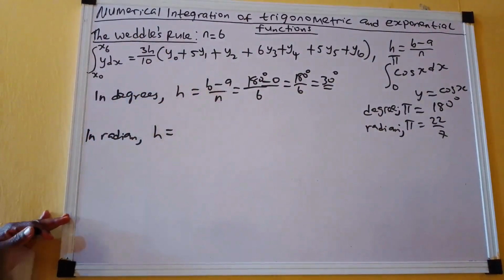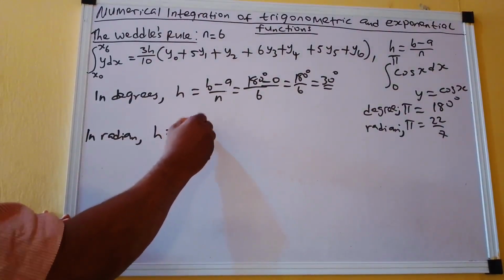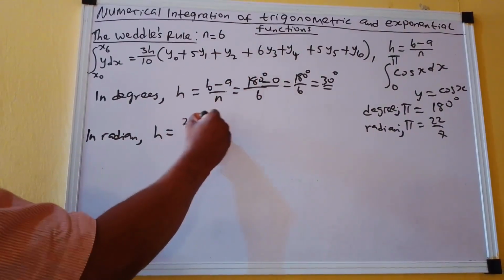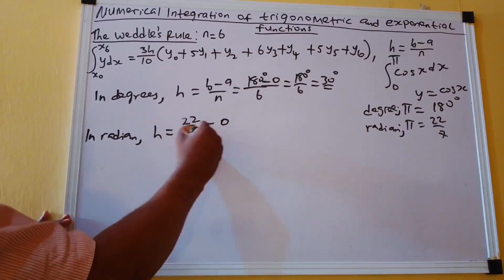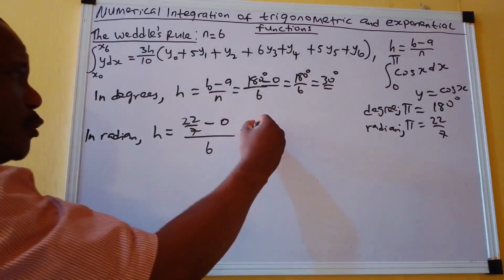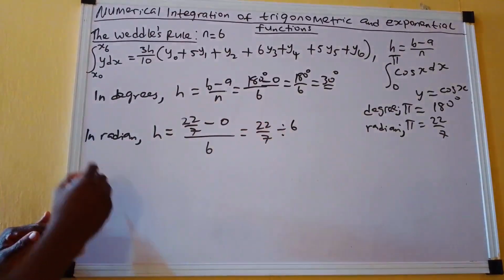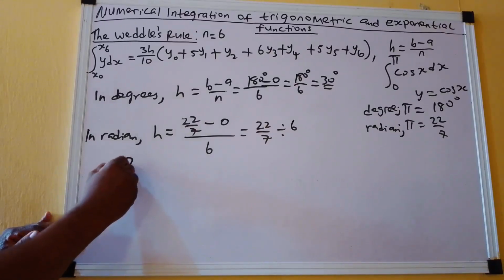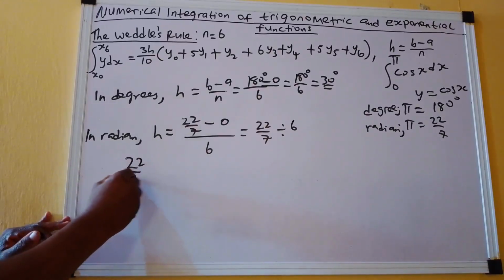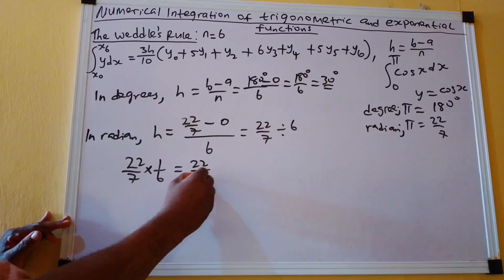So here you are going to have 22/7, that is b, minus a, which is 0, all over 6. This will be 22/7 divided by 6, which is 22/7 times 1 over 6, equal to 22/42.